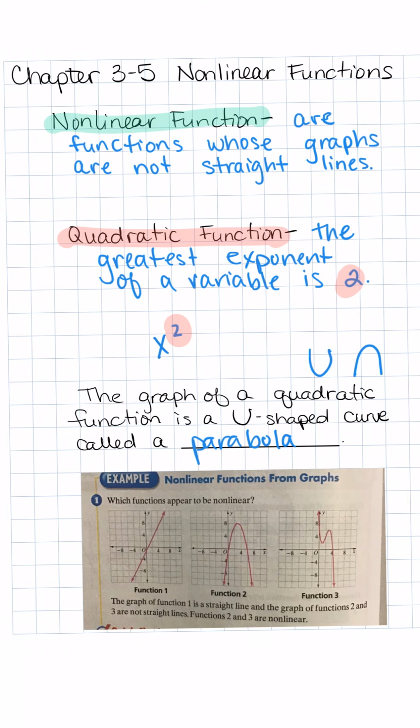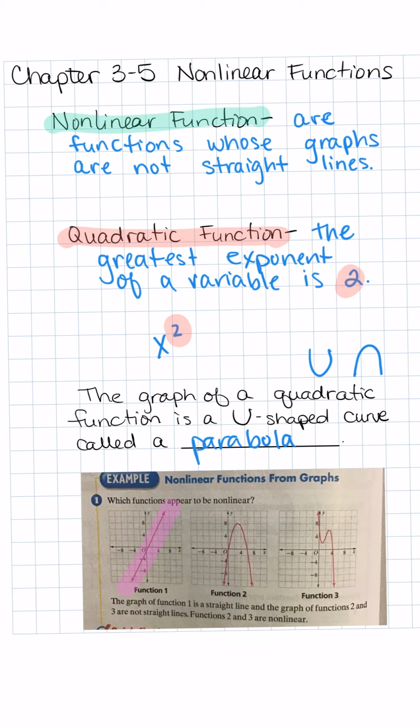Okay, so looking at these graphs, which graph appears to be nonlinear? Well, the graph in function 1 is a straight line. And we learned in previous lessons, straight lines are linear.